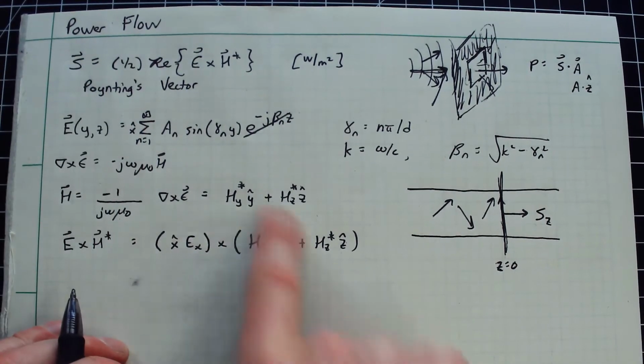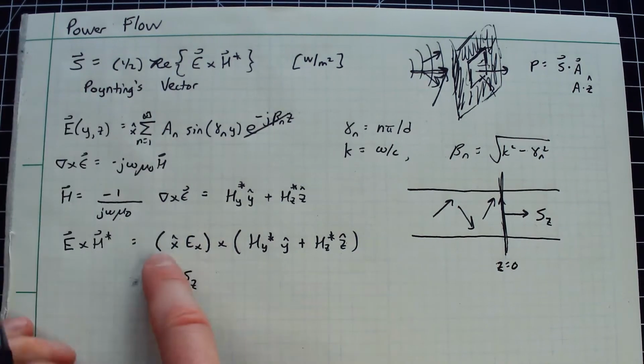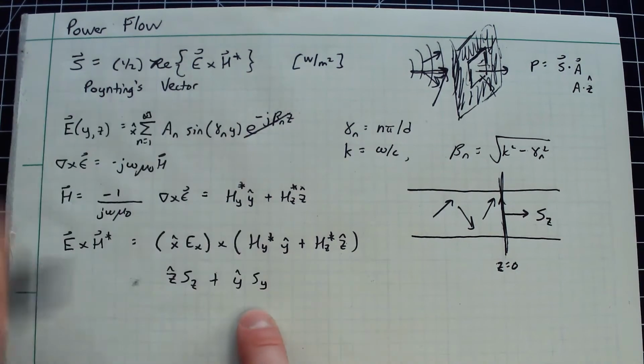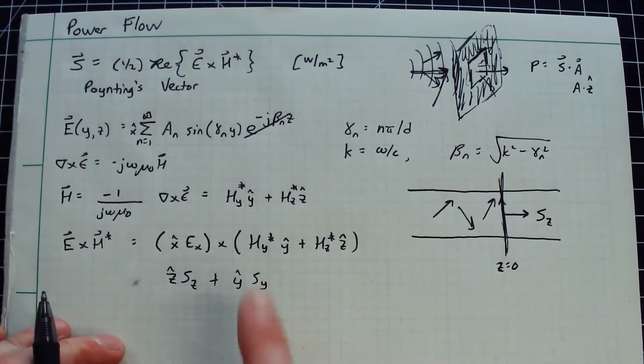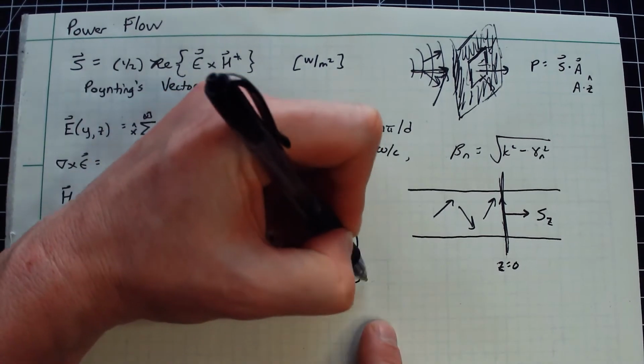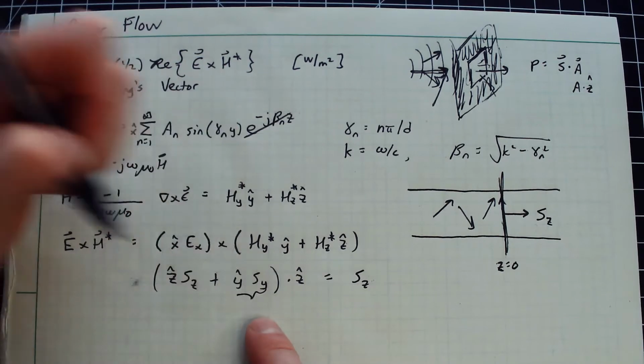So you notice I have x hat cross y hat will give me a z hat S sub z, and then the x hat cross z hat will be a y hat S sub y. But I don't care about that. So if I just dot this with my z, I will get only the z bit here. So I will not care about this little guy here.